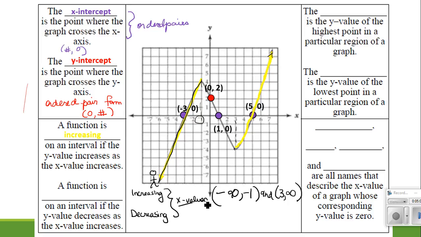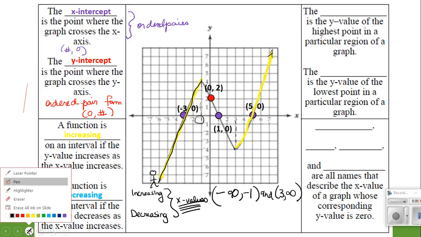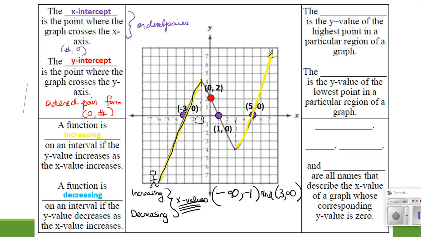Okay, using x values. If the function is decreasing on an interval, the y values are going down, but the x values are going up. So that part of the function is decreasing. I'm going to put that over here.